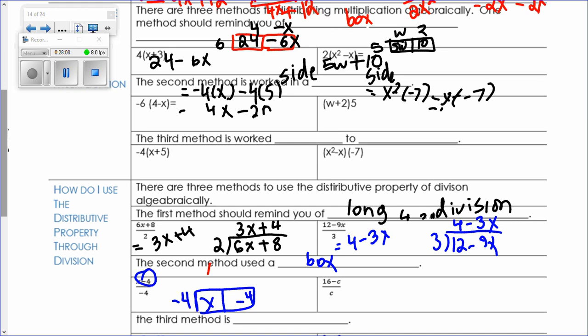So I have x over negative 4, and then negative 4 over negative 4. Simplified, that equals 1. So my final answer here, I'm going to put it out to the side, negative x over 4 plus 1.